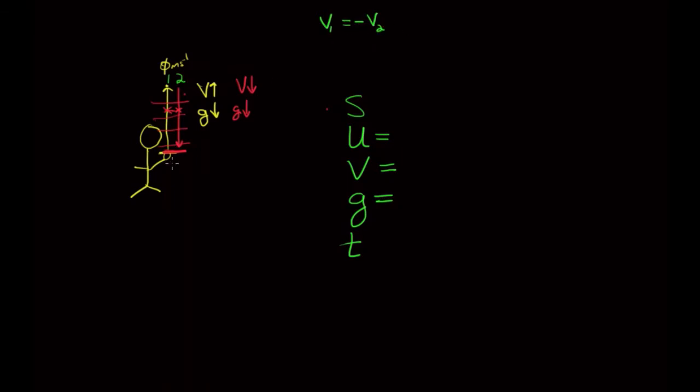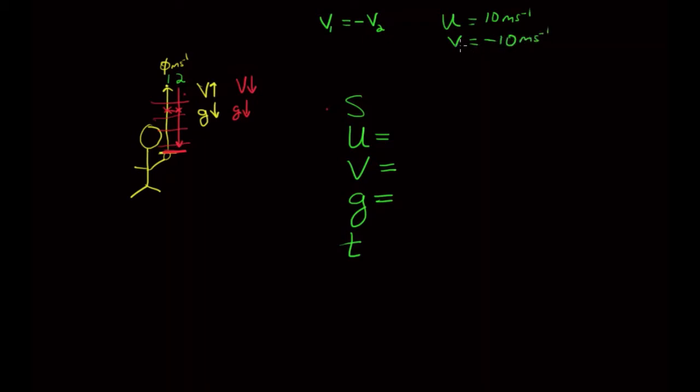And so if you treat this as if it's one trip, the initial velocity would be, I don't know, you left your hand at 10 meters per second. Your final velocity would be negative 10 meters per second.